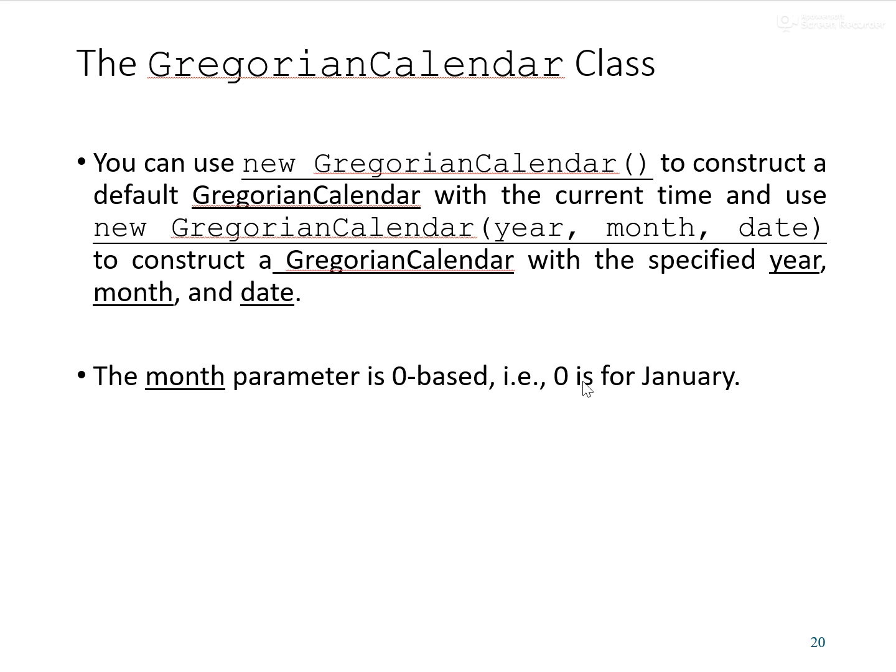It's the first month of the year, but it is assigned the number 0 because, again, counting starts at 0 in all respectable programming languages. February becomes month number 1, March becomes month number 2, and so on.